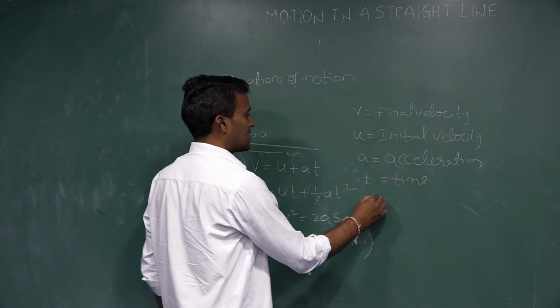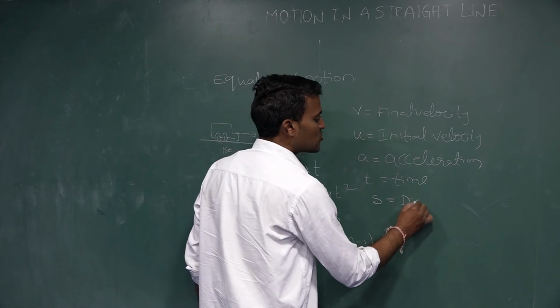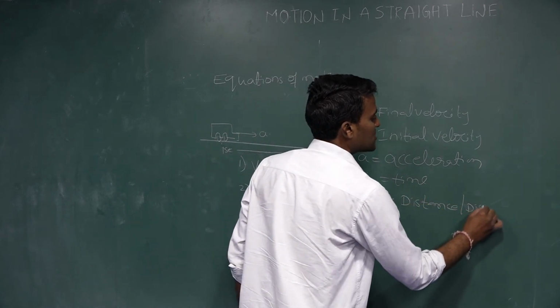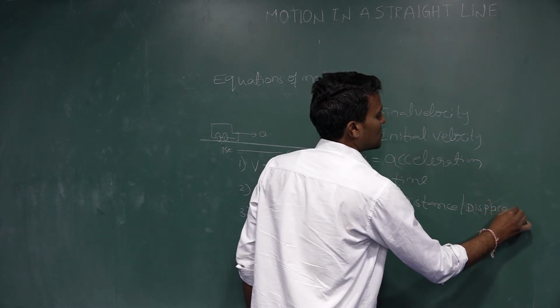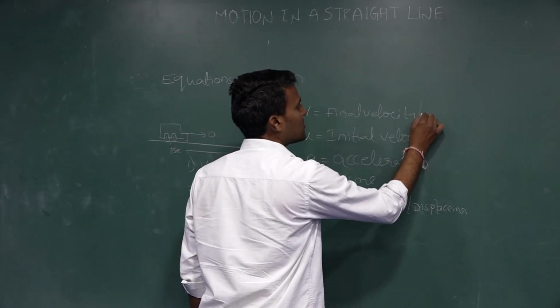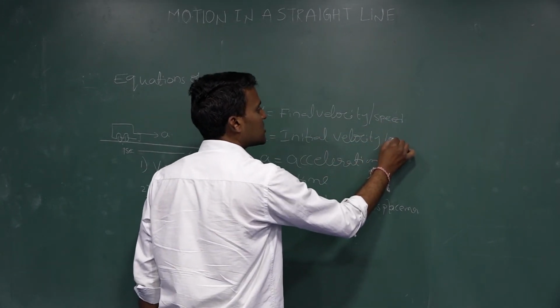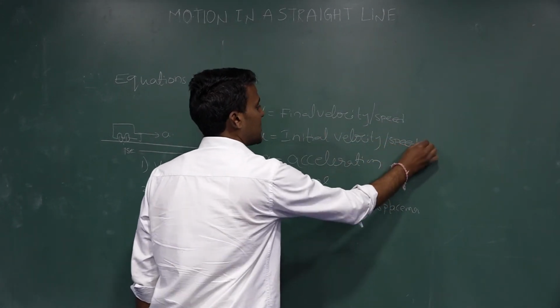Next one is s: s is equal to distance or displacement. You can write velocity as mean velocity or speed, final velocity or final speed, initial velocity or initial speed, isn't it?